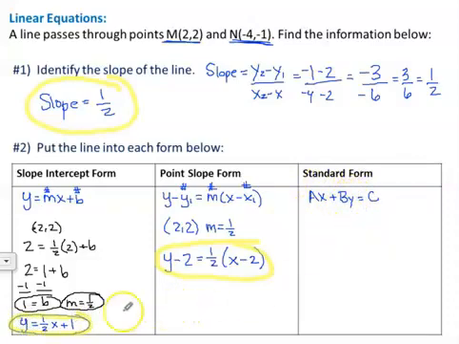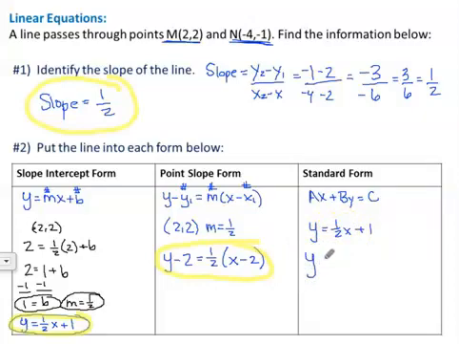And then last but not least, standard form. Really all we're doing is taking our slope-intercept form and getting all of our x's and y's on one side and a constant term on the other. If we have slope-intercept form, y equals 1/2 x plus 1, all I do is move this x term to the other side of the equation by subtracting.